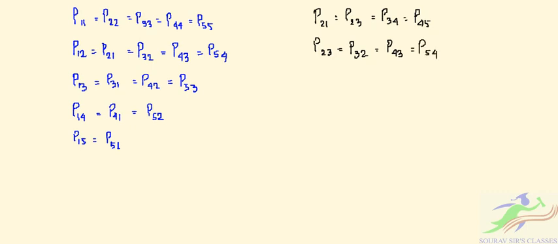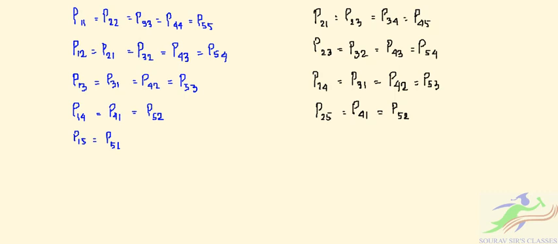You can see 4 plus 2 is 6, 3 plus 3 is 6, 2 plus 5 is 7, 4 plus 3 is 7. Similarly, P24 is equal to P31, P42, P53. Similarly, P25 is equal to P41 and P52.